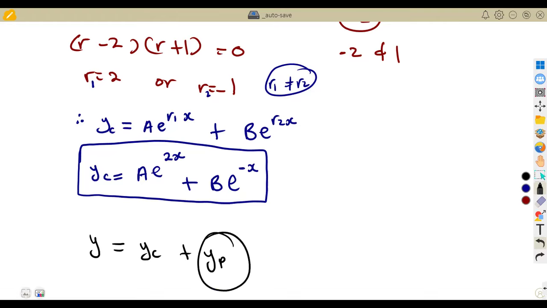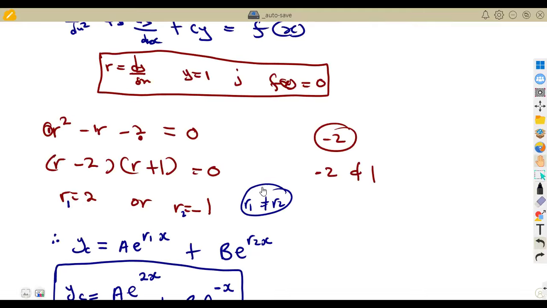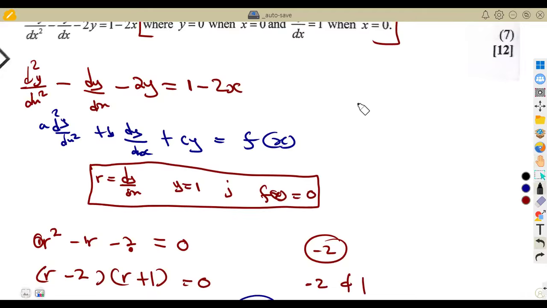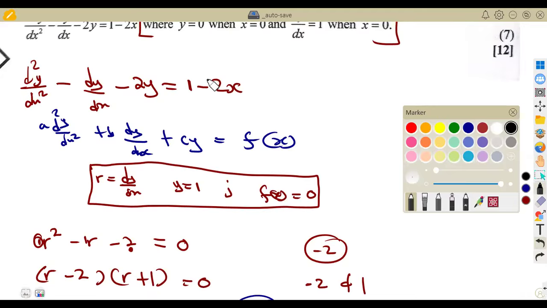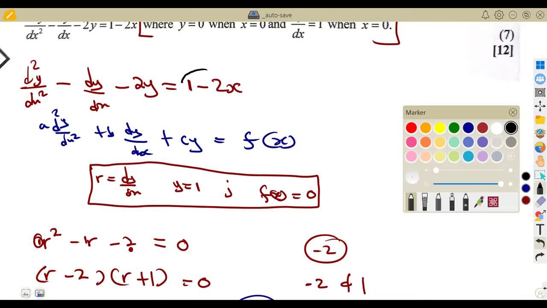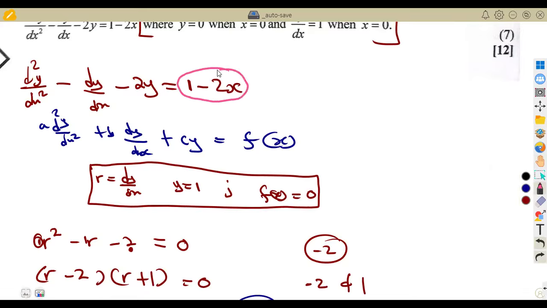So where are we going to have YP? We are going to take it from the original derivative that we are given here. From this function, we can see that this side is linear. We are working with a linear expression, in the format of mx plus c.